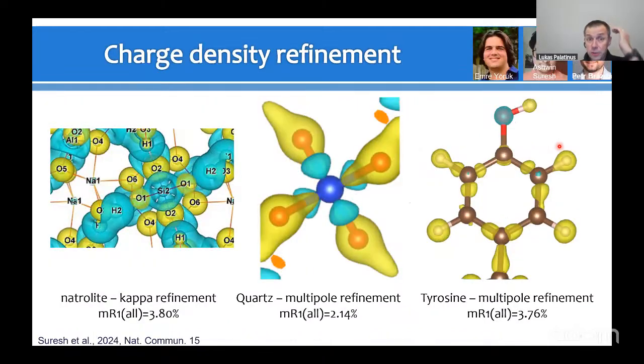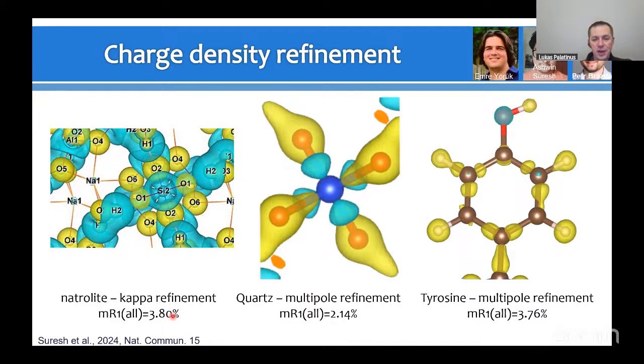We can do even charge density refinement. These are just, again, 3 quick examples. Natrolite, that's a natural zeolite, quartz, silicon oxide, and tyrosine, of course, an organic molecule. And with accurate enough data and with careful dynamical treatment, it's possible to do charge density level calculations.